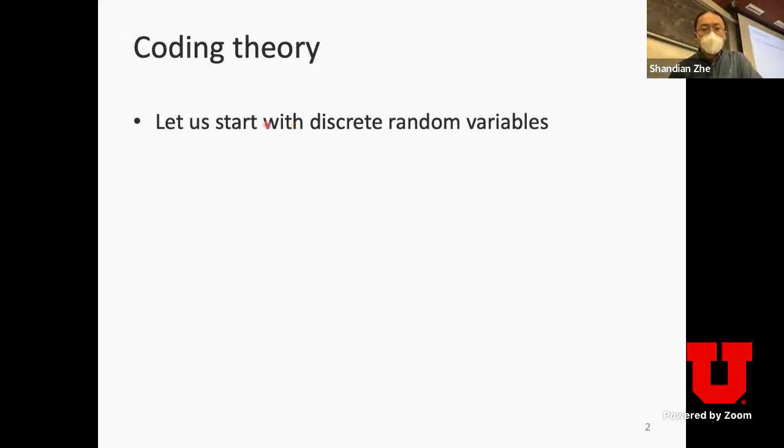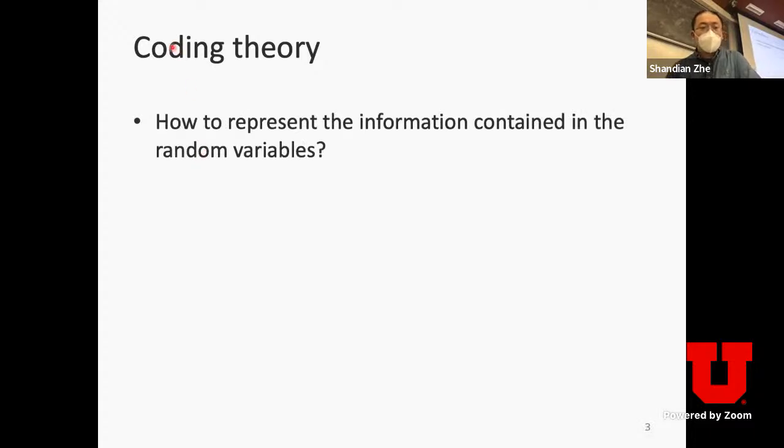So a natural question in information theory is: how do we come up with a measurement which can represent the information contained in the random variable?